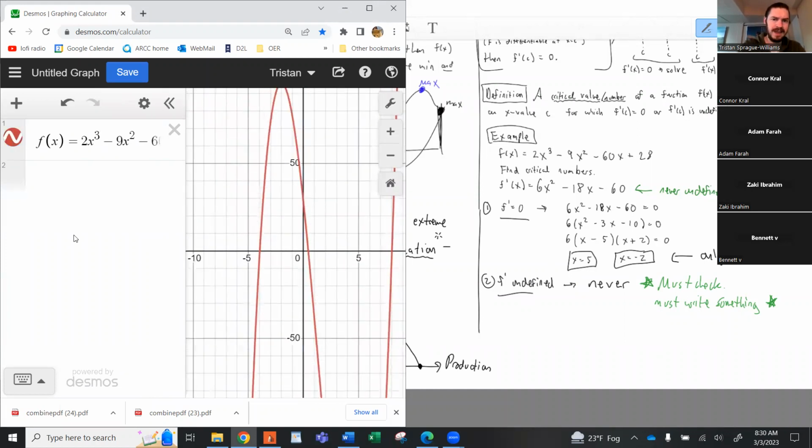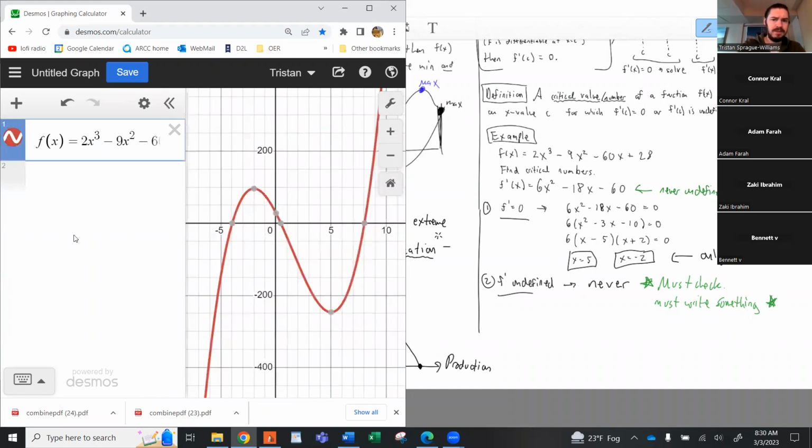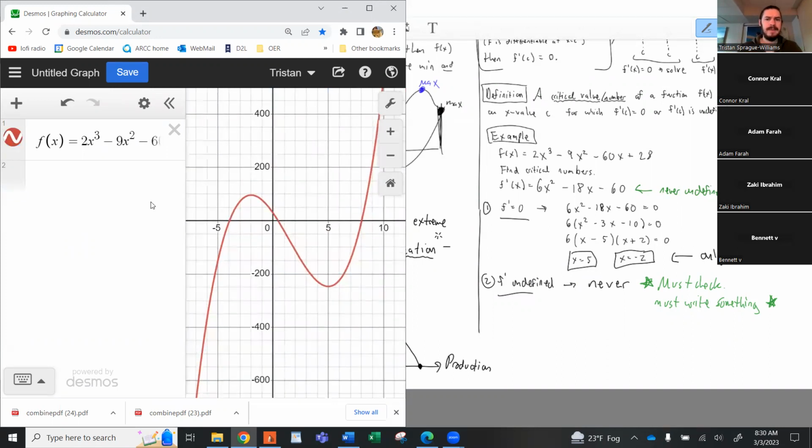I'm going to scrunch my y-axis down a little bit so we can see this a little better. Okay, so there we go.